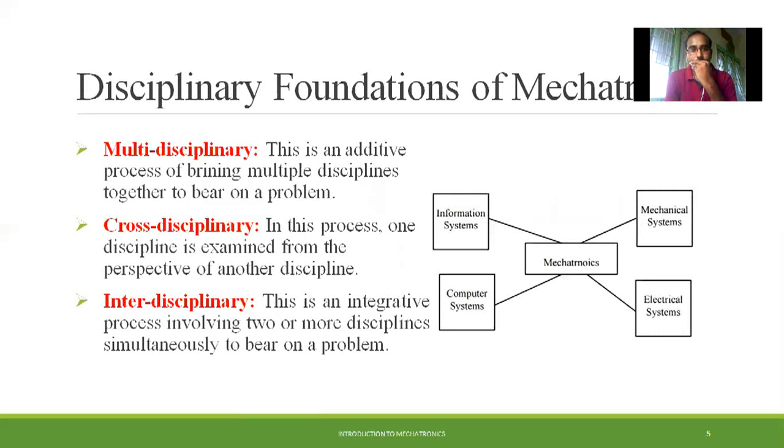Here are the disciplinary foundations of mechatronics. So, what are the different kinds of subsystems that are controlled by a major mechatronic system? We already know that mechatronics is a combination of mechanical, electronics and informatics, which is nothing but the programming nature, that is IT based systems.